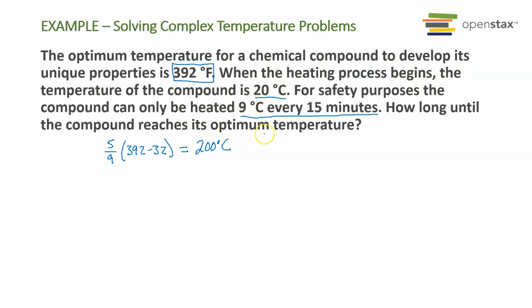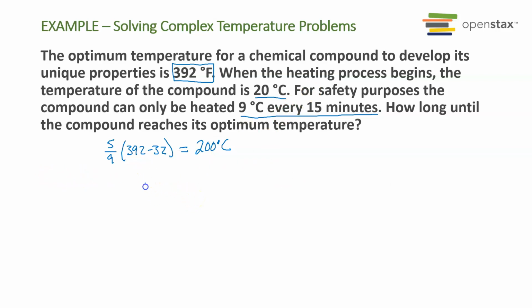It begins at 20 degrees Celsius, and we can only heat it 9 degrees every 15 minutes. So how are we going to reason through this problem? So first of all, how much of a difference in temperature does it have to go?